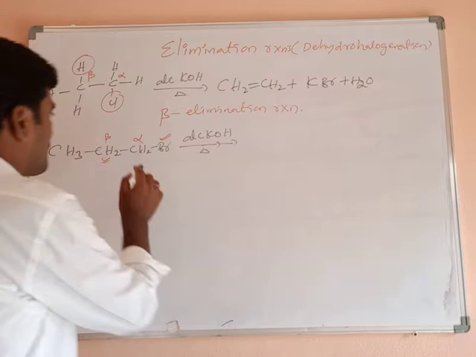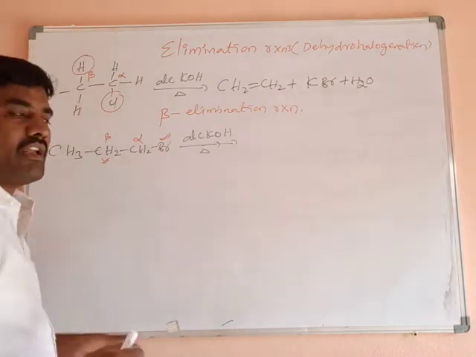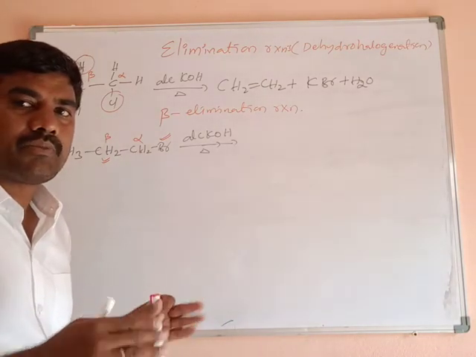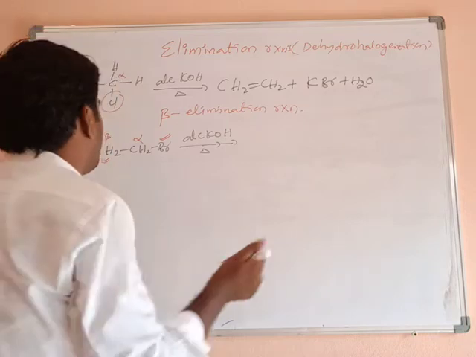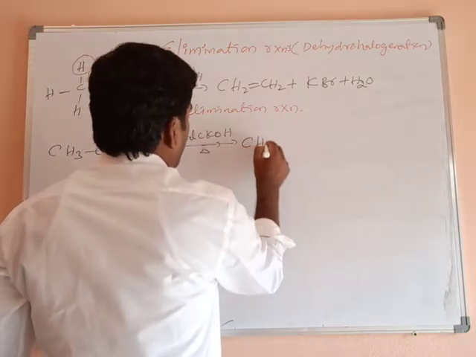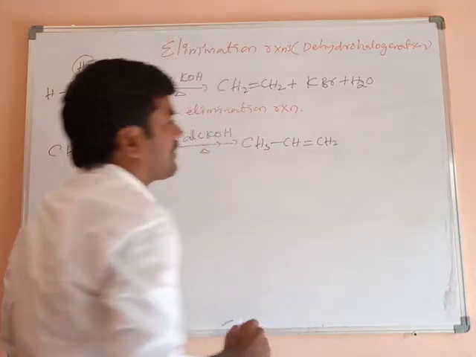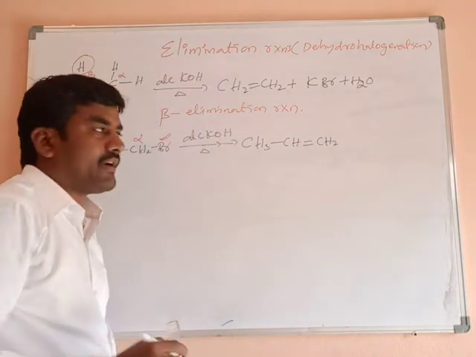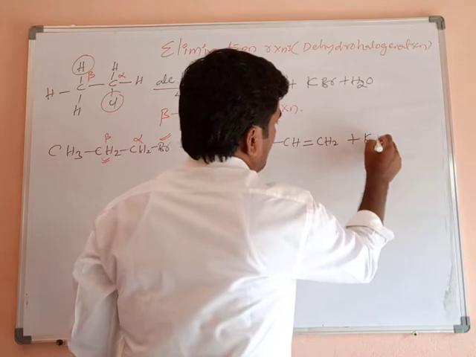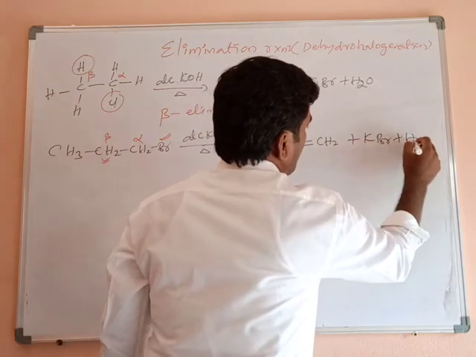The double bond forms between these two carbon atoms because their valencies are open. To satisfy the tetravalency of carbon, a double bond forms between them. So propene will form, along with potassium bromide plus H2O.